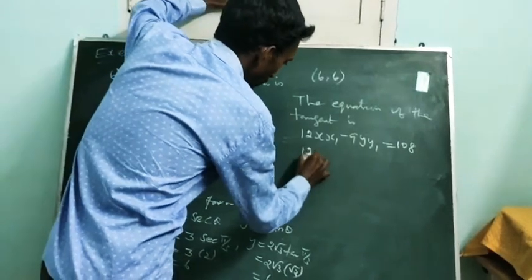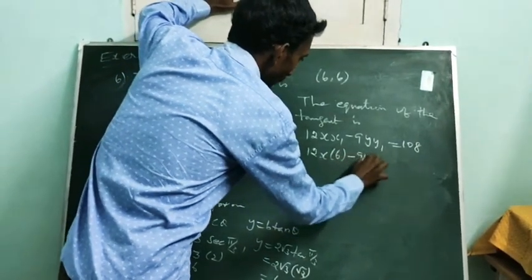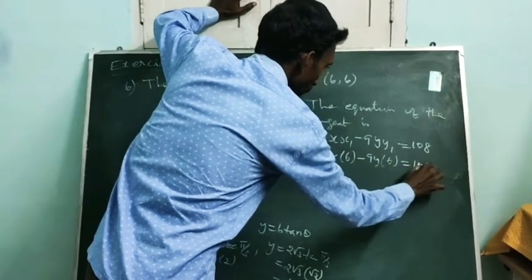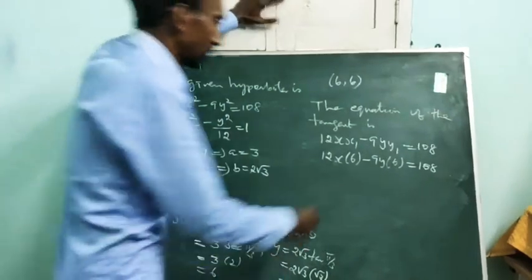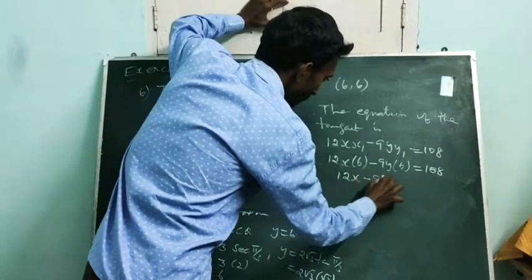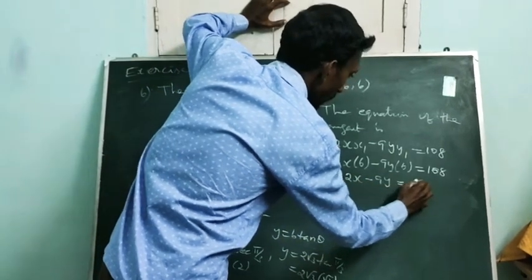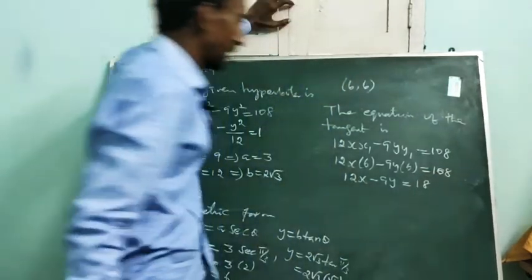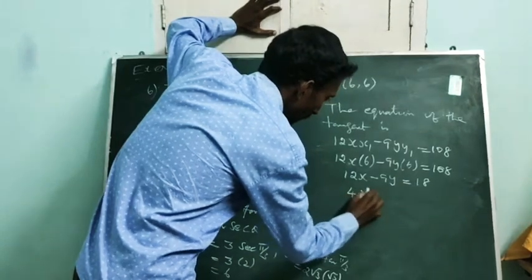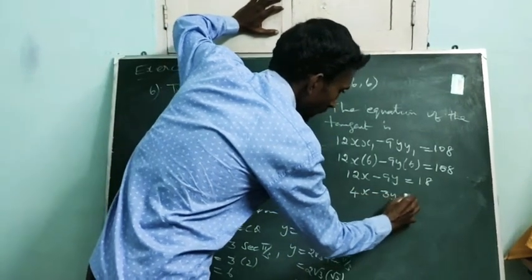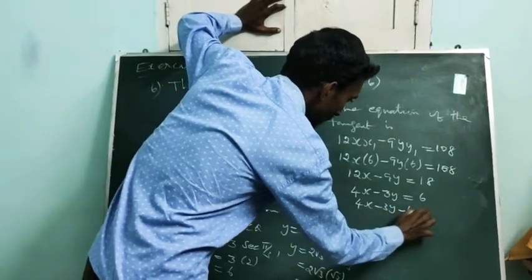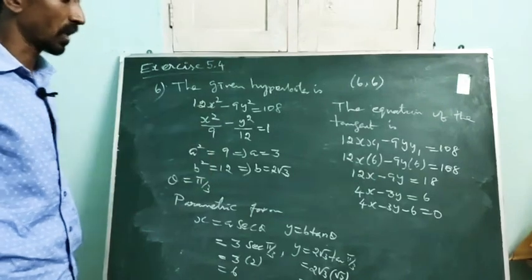So 12x into 6 minus 9y into 6 equal to 108. Now cancel by 6, it is 18. So 12x minus 9y equal to 18. Again it can be cancelled by 3. So 4x minus 3y equal to 6, that is 4x minus 3y minus 6 equal to 0. It is the equation of the tangent.